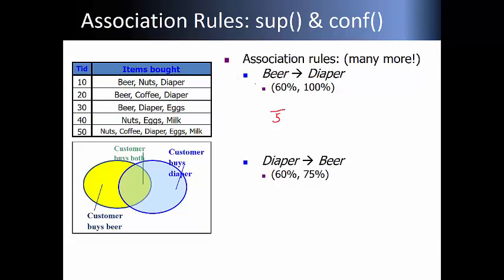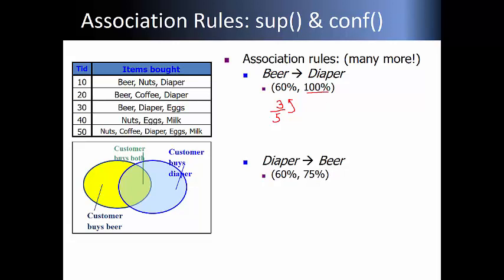How many records have both beer and diaper? Record 10, record 20, and record 30. Record 40 has nothing. Record 50 has a diaper but no beer. So 3 over 5, which means 60%.